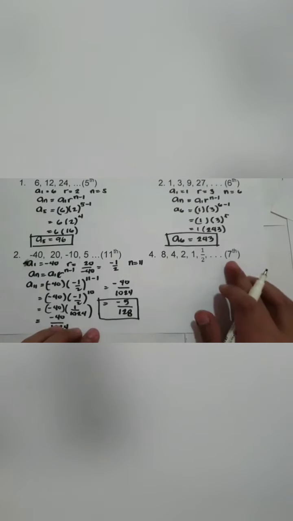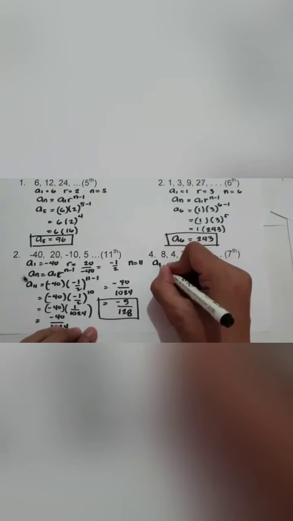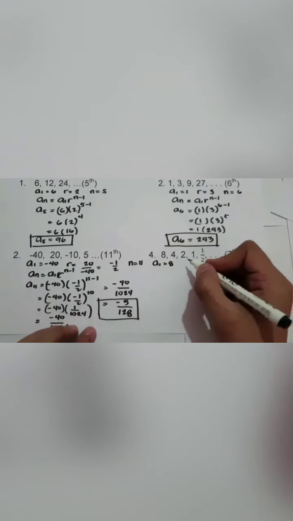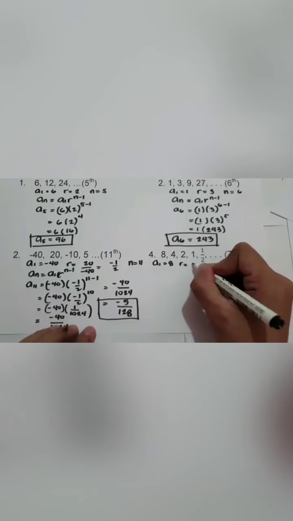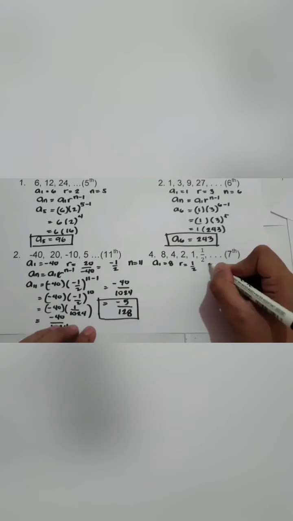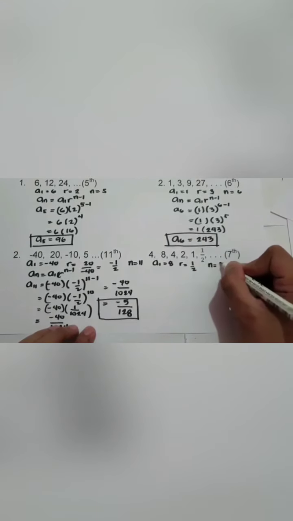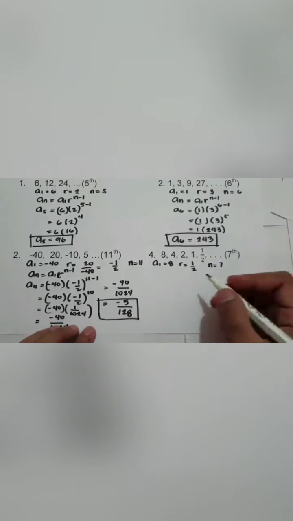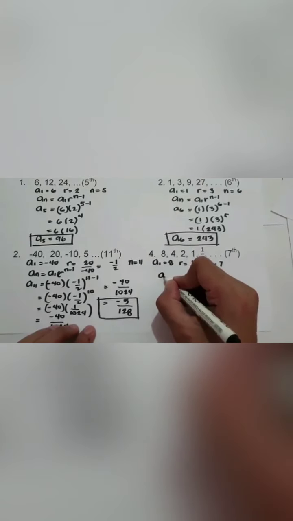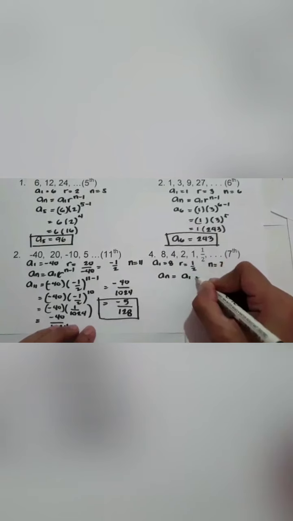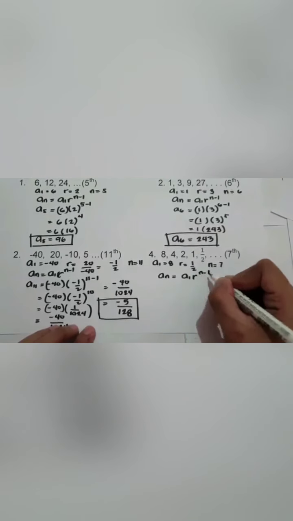8, 4, 2, 1, 1 half, and we are looking for the 7th term. So first, we have a sub 1, that is 8, the ratio, that is 4 divided by 8, that is 1 half, and n is 7. So we have a sub n equals a sub 1 times r raised to n minus 1.